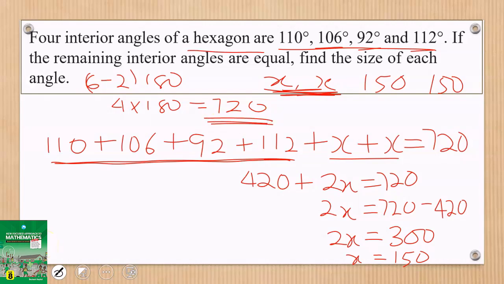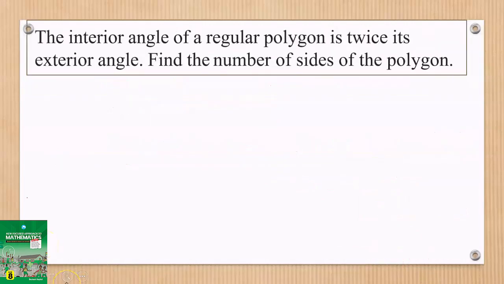Let's take the last example and see. Now this question says one interior angle of a regular polygon is twice its exterior angle. Find the number of sides of the polygon. Oh, so the polygon, we don't know the number of sides. We want to find it. But then they said one interior angle of the regular polygon is twice the exterior angle.